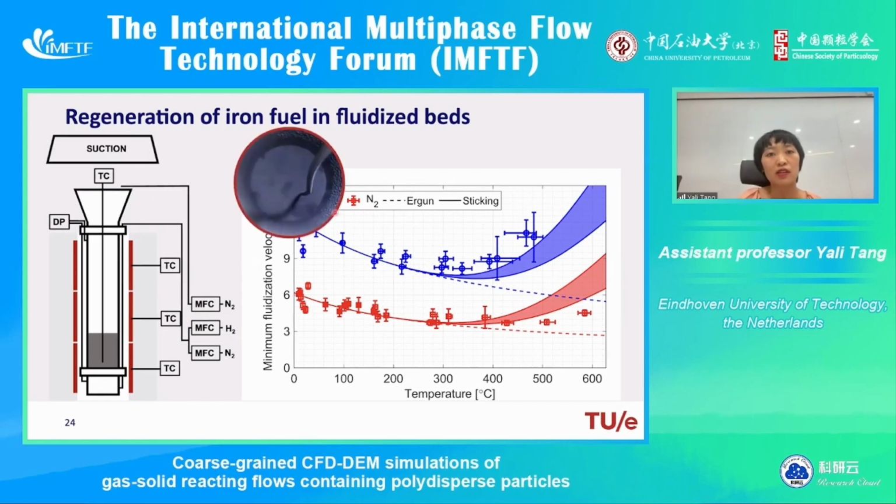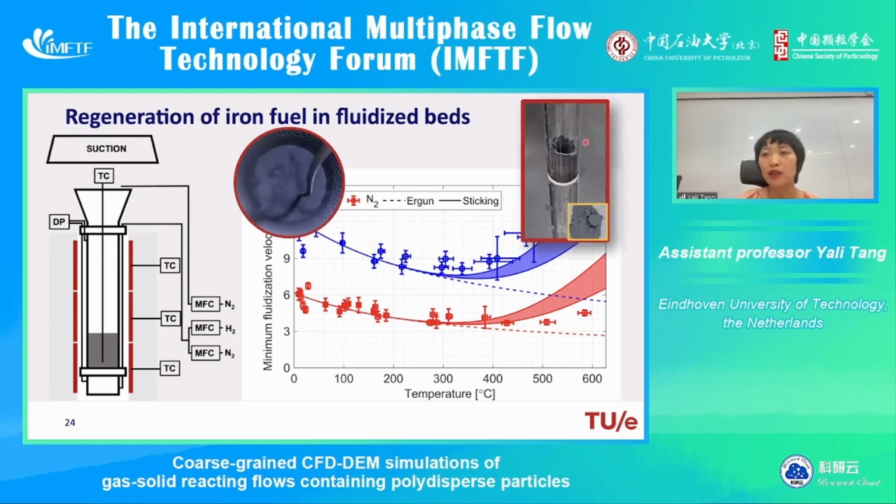This is a movie showing that when the fluidization is in good condition at a lower temperature, you can see very good bubbling being formed. However, at high temperature, when the sticking is happening, you can see that the particles really stick together as a big clump, and defluidization completely happens. This, of course, poses a technical challenge for the development of this reduction process.